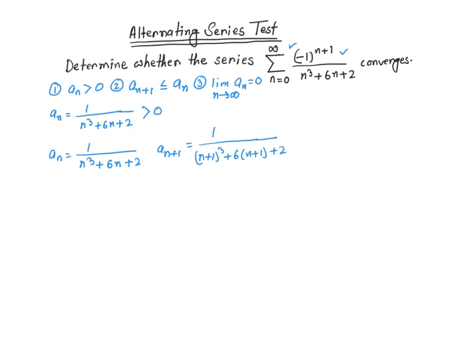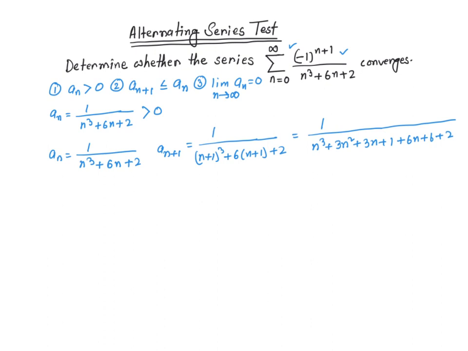And please note the following here. I could technically break it down so that you can see it. So (n plus 1) whole cubed is n cubed plus 3n squared plus 3n plus 1, by the way. I just used the formula for (a plus b) whole cubed. And then plus 6n plus 6 plus 2.